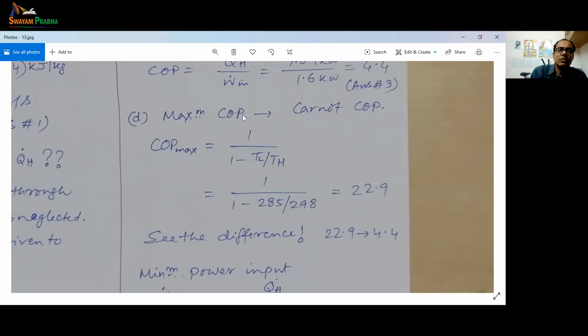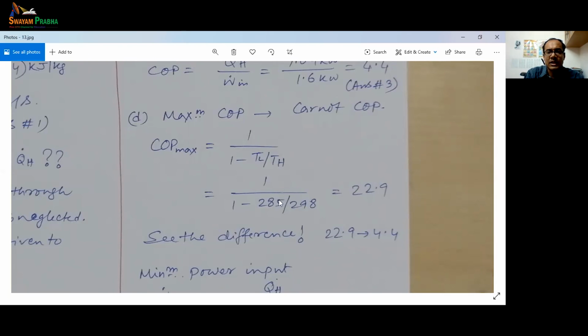So we have to look for maximum COP, and maximum COP is obtained when the heat pump runs as a Carnot heat pump. So we have to find the Carnot COP. COP max will be 1 over 1 minus TL by TH, that's the low temperature reservoir temperature by the high temperature reservoir temperature.